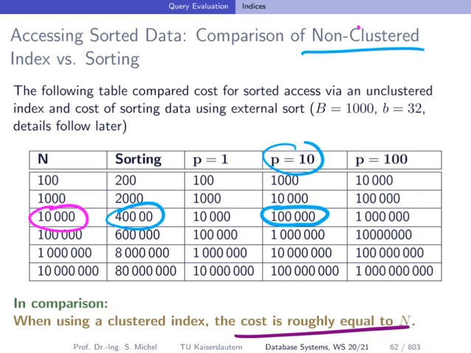And this continues, of course. Like here you have for 1 million data pages, you have a cost of 8 million data page accesses for the sorting. Compare this to 10 million page accesses required to read the same information in sorted order for a non-clustered index. And of course, if you have more data records fitting into a data page, then this cost, of course, grows.